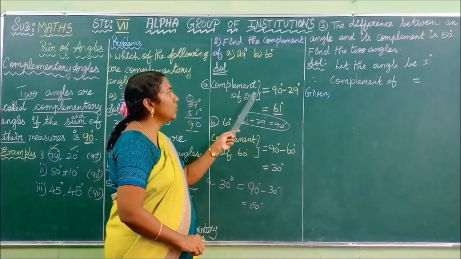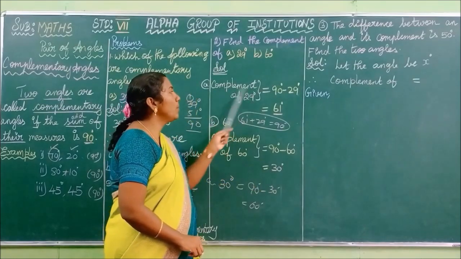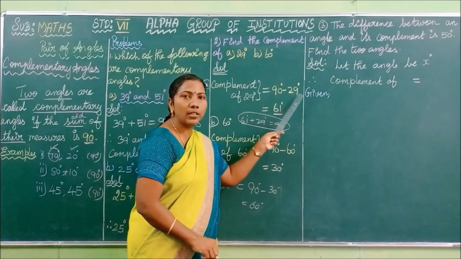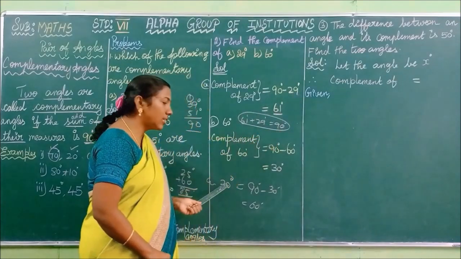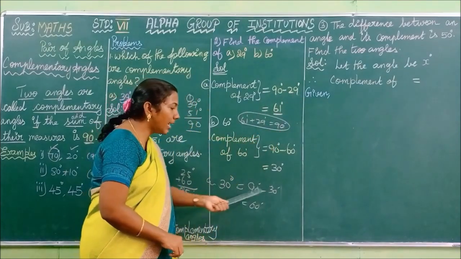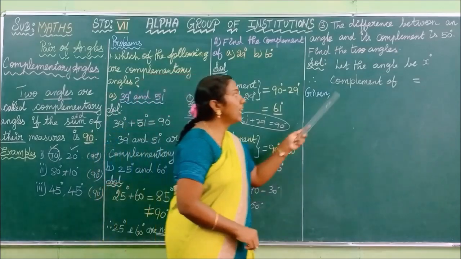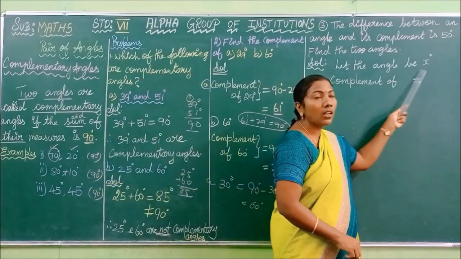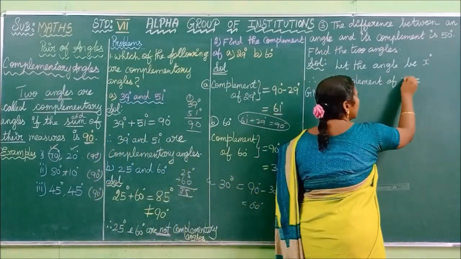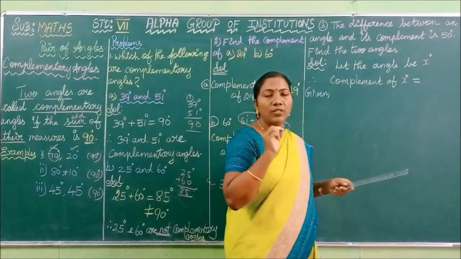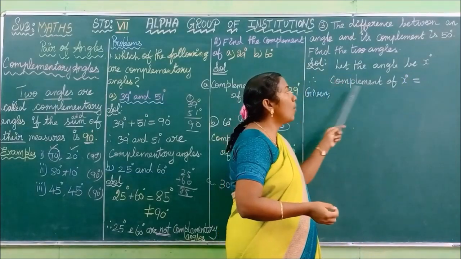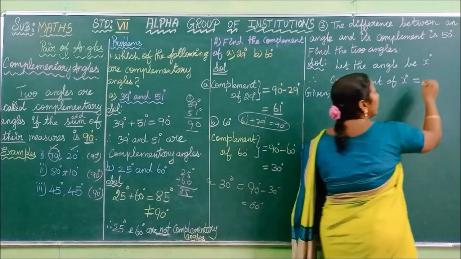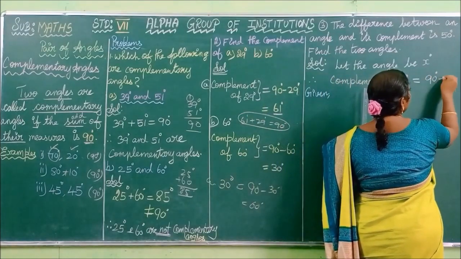If the angle is 29 degrees, complement of 29 is 90 minus 29. If the angle is 30 degrees, its complement is 90 minus 30. If the angle is x, how can you define the complement of x? Yes, very good, 90 minus x.